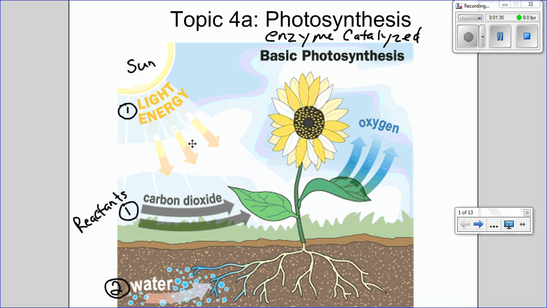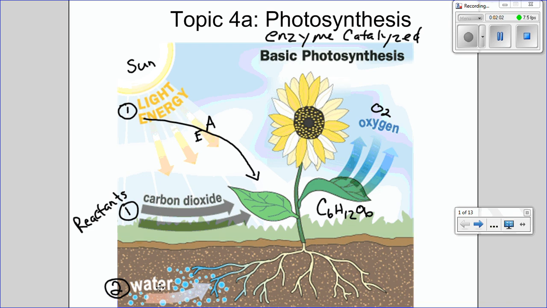The activation energy needed for photosynthesis is provided by the sunlight. My energy of activation is provided by sunlight. The chemical reaction occurs and it creates glucose, C6H12O6, and oxygen gas. So these are the basics.